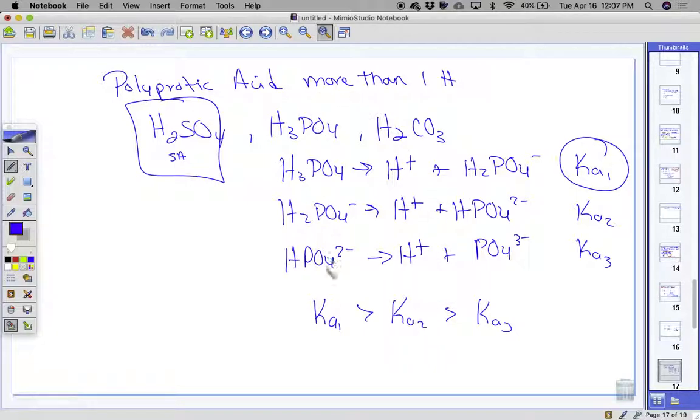You could be asked to find a pH, they list all the Kas and give you a concentration, but you're just doing it off the first Ka. Technically, H2PO4 minus, HPO4 2 minus, they're all weak acids, and they're all going to be present in the solution, depending on how much OH is there. This one shifts, and then that one, to some extent.